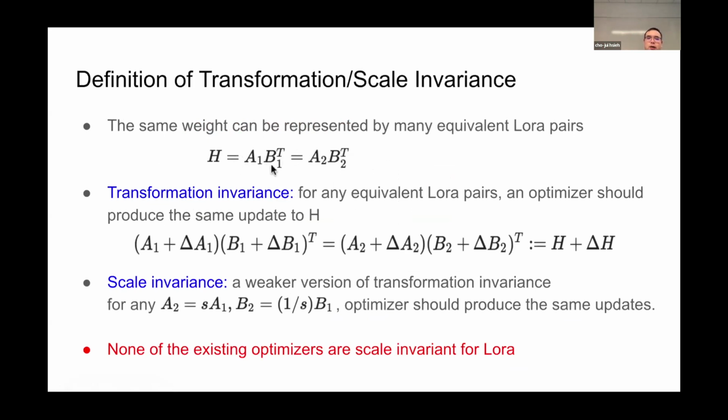So we expect the optimizer should make the same update no matter how you parameterize A1 B1 or A2 B2. But the optimizers are not actually doing this. Even if you just scale one matrix by S and scale the other matrix by 1 over S, you get a totally different update.